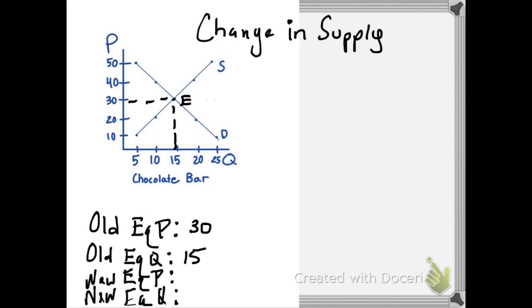Now let's say there comes a new technology that allows candy bars to be made at a cheaper price. So this increases supply, so the line moves down like that. This creates a new equilibrium point, which can be seen right here.